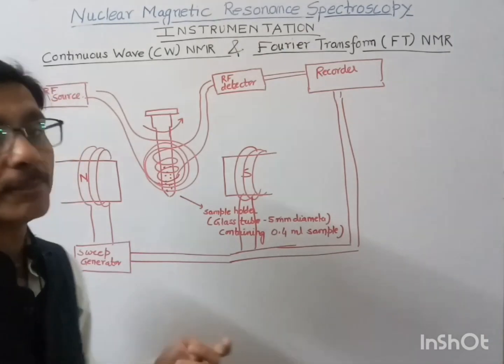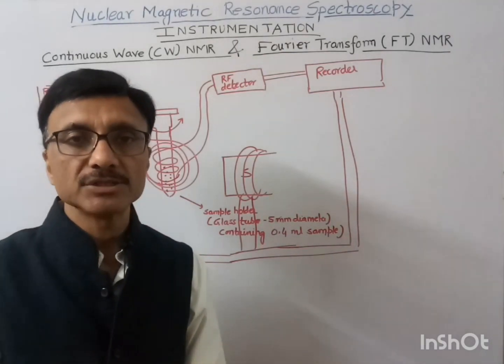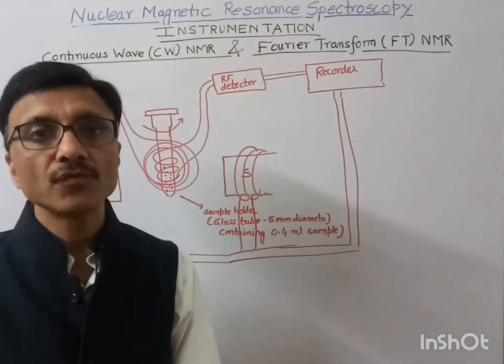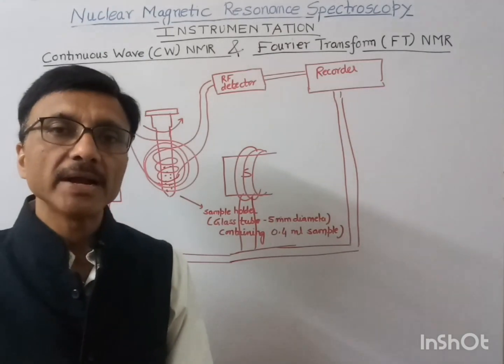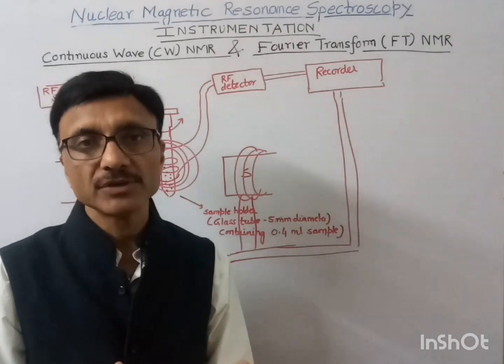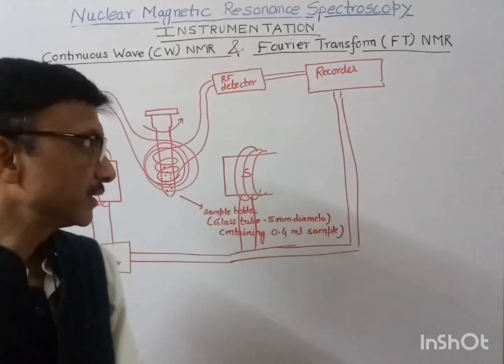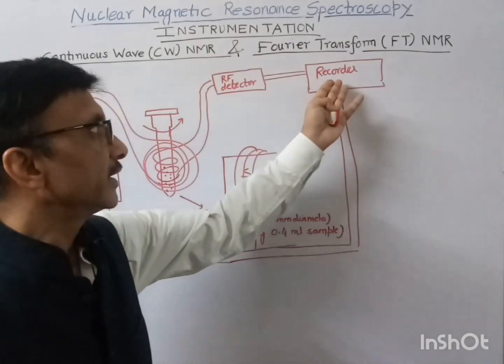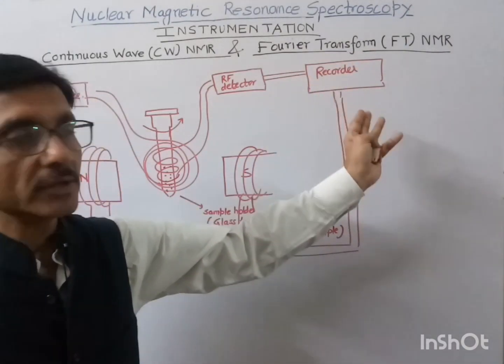When it returns back to its lower energy state, emission of energy takes place, and during emission we get an NMR signal, and here we get an NMR spectrum in a recorder.